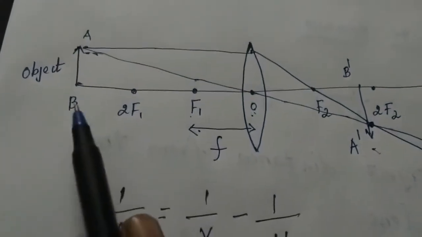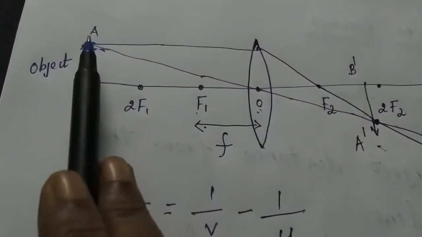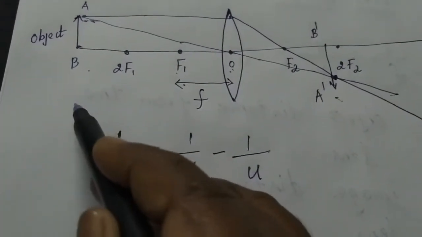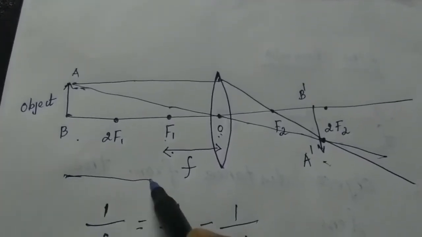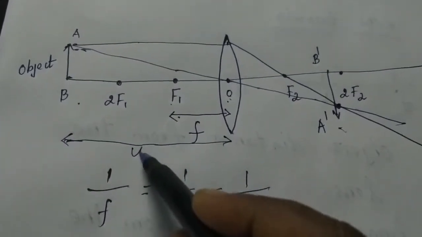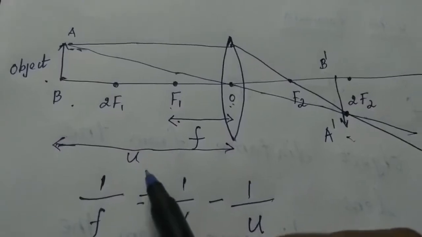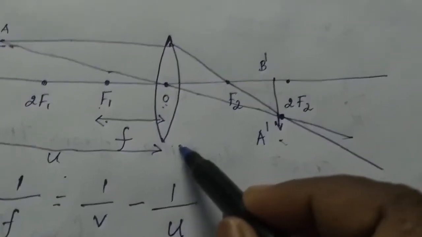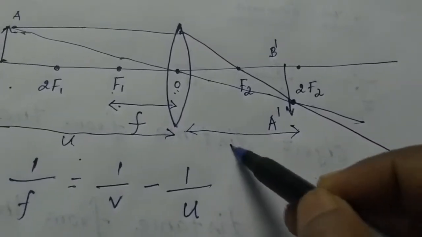The distance between the lens and the object AB is known as u, and the distance between the lens and the image is taken as v.